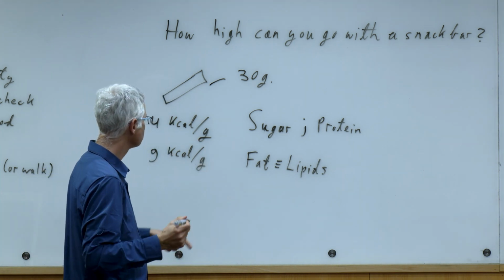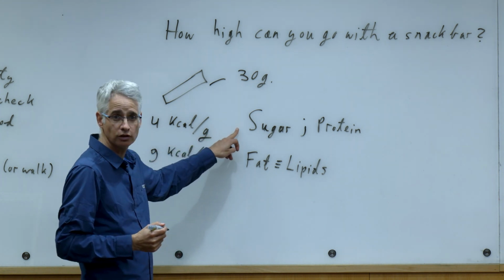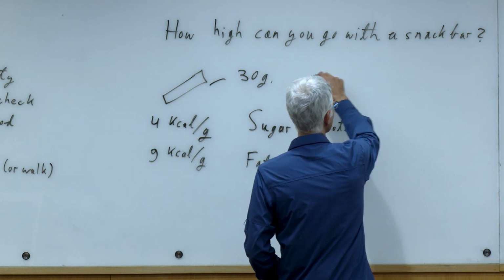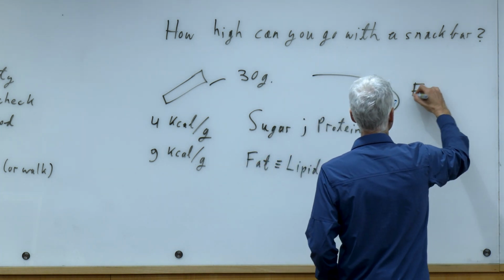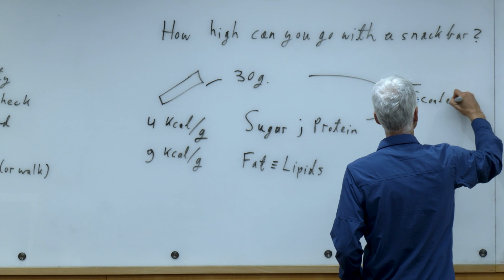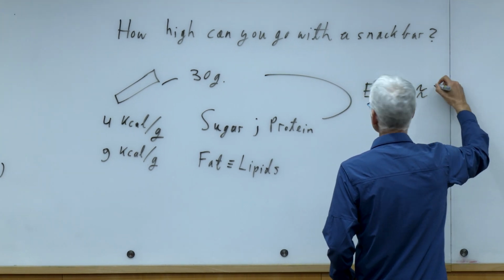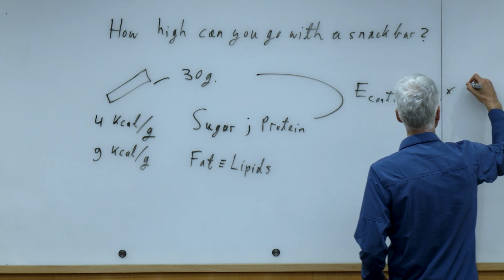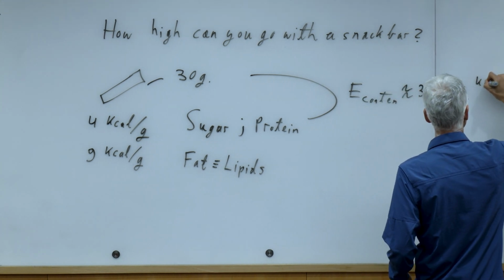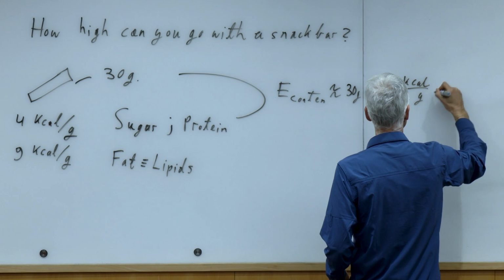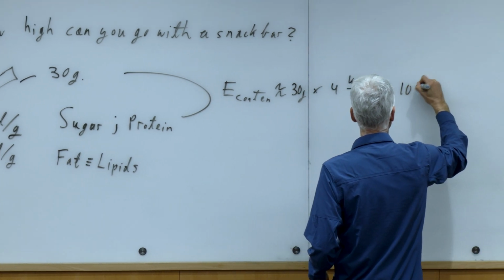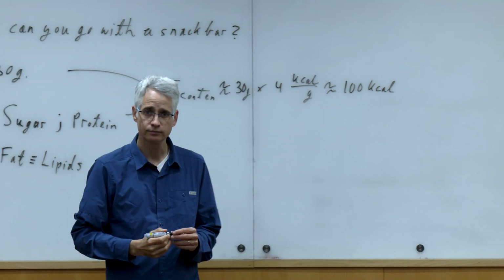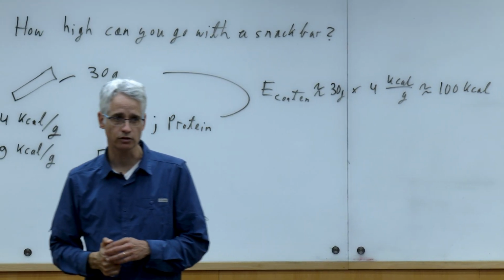And I think it's mostly sugar, although there is some fat in it. So altogether, the energy content is roughly 30 grams times 4 kilocalories per gram. So that's about 100 kilocalories. So far, so good.